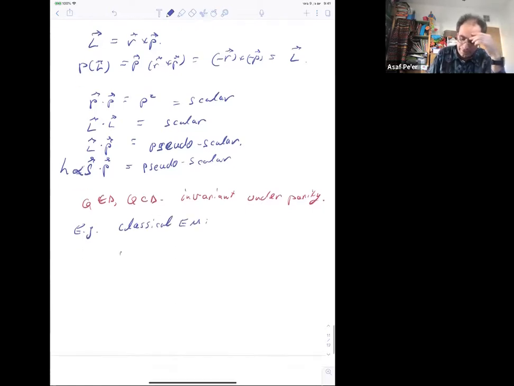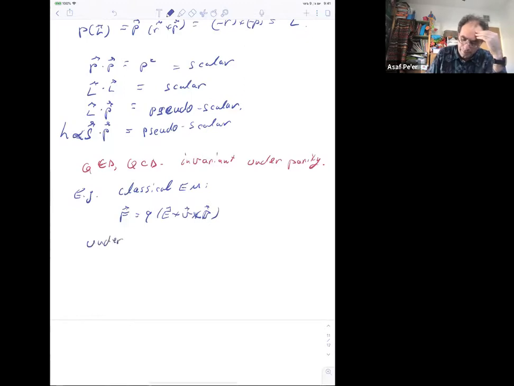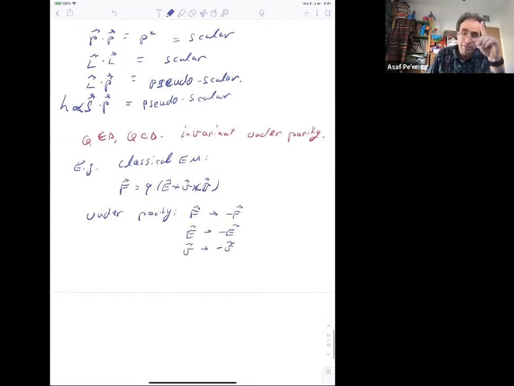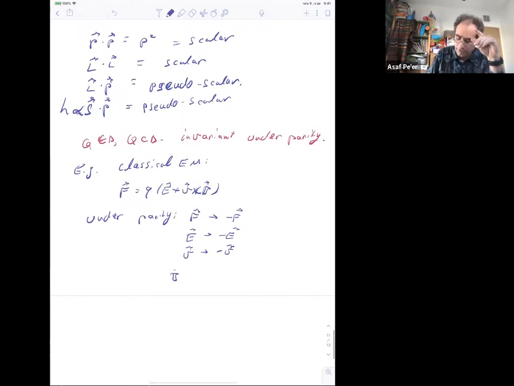F is Q E plus V cross B. So under parity, F goes to minus F, E goes to minus E, V goes to minus V, but B, which is nabla cross A, is a pseudo vector, so it does not change sign.